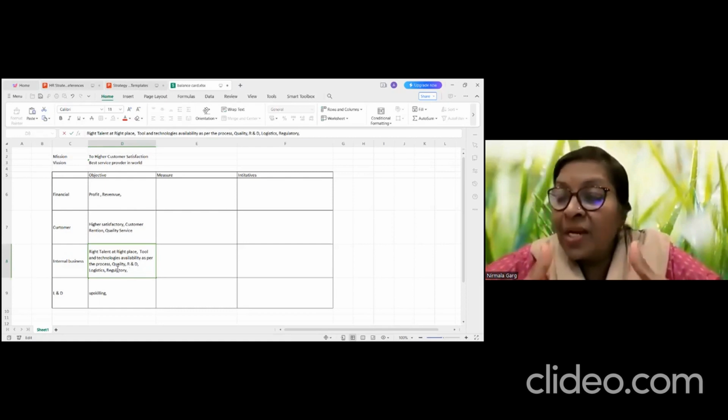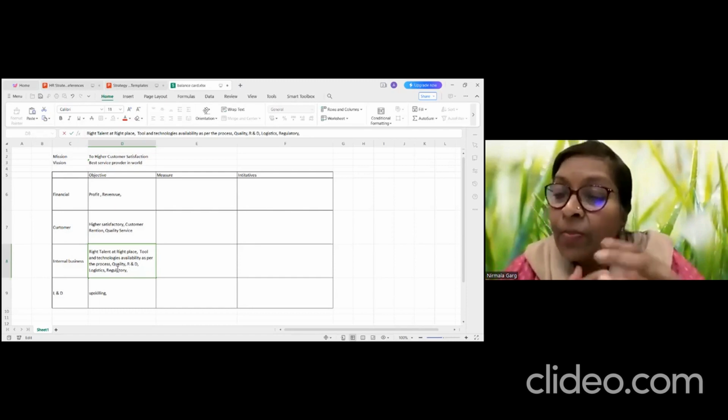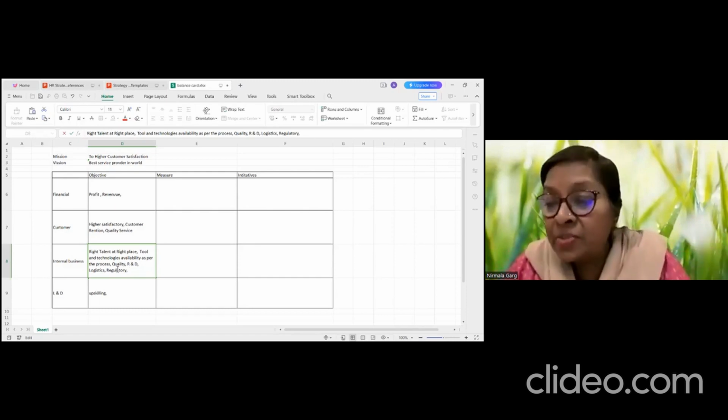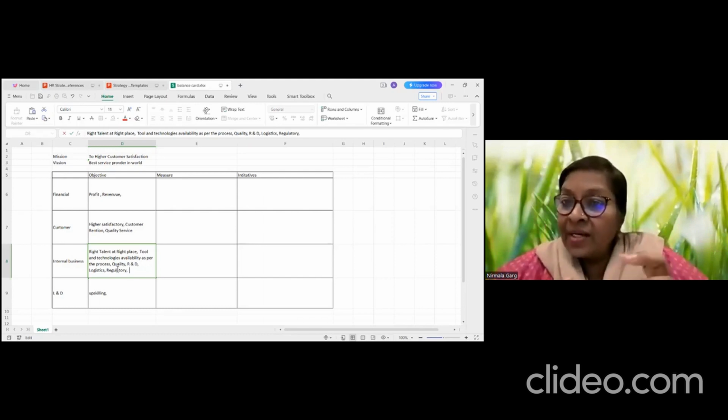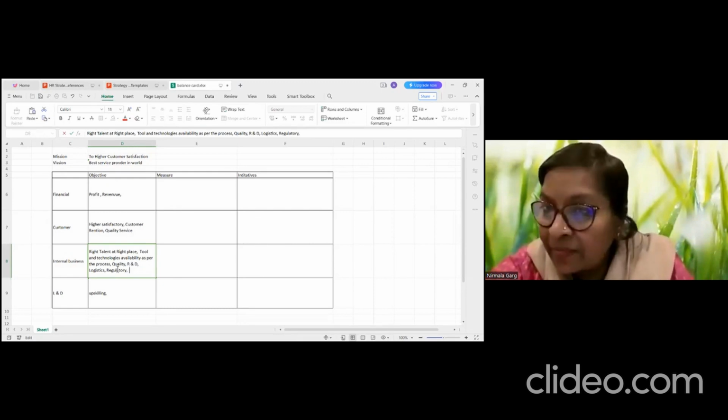When we talk about a balanced scorecard and a strategic map, these perspectives are not in isolation. They create that cause and effect model, which means every lower perspective causes and achieves the objective of the higher perspective.